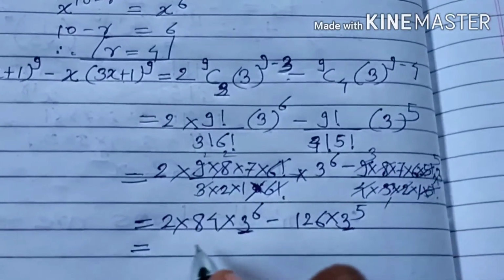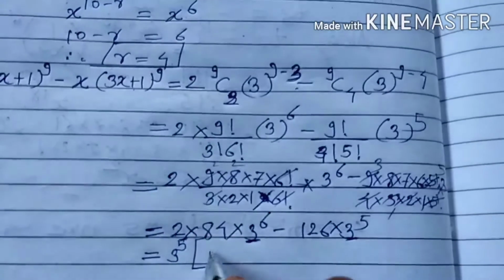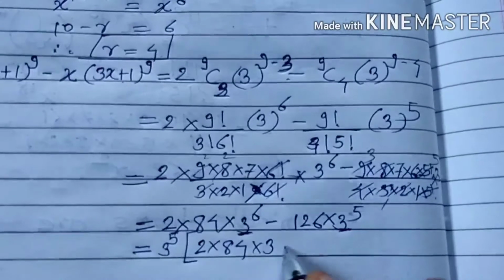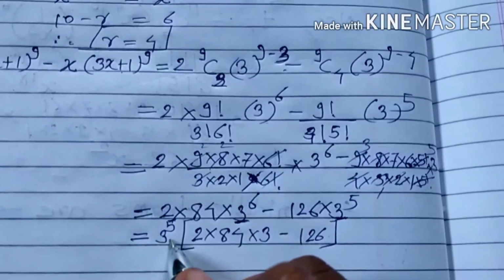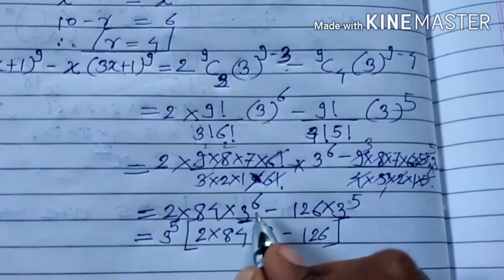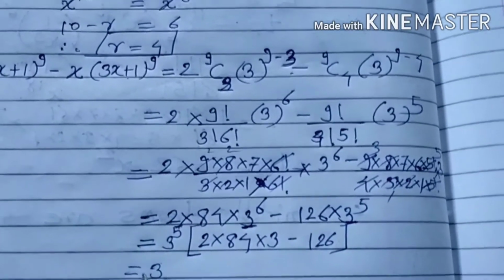When you take 3 raised to 5 common, then the remaining terms are 84 into 3 minus 126. Because when we take common 3 raised to 5, then here 5 plus 1 is 6, that's why the remaining is 3. Now 3 raised to 5 means 243.